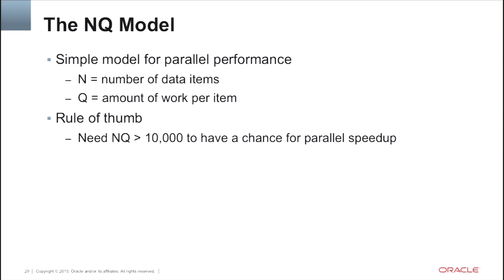This is not meant to be so much a numeric model, although you can make it into a quantitative model, but it's really more a way of eyeballing the problem and saying, do I have enough data that this is going to work? So if I'm just picking out the maximum element out of an array of integers, and I have fewer than 10,000 elements in my array, I'm probably not going to get a speedup. So, good rule of thumb.